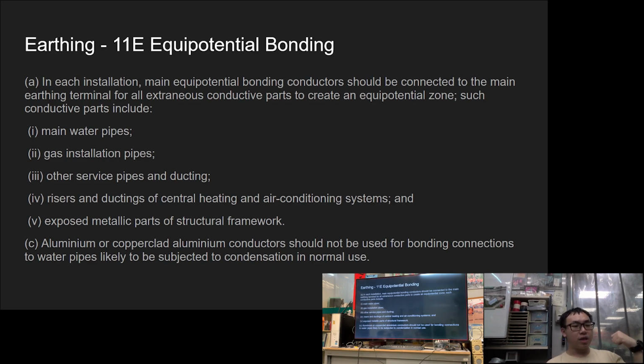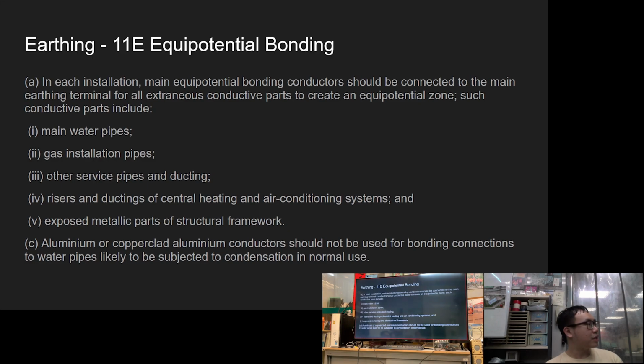Okay. So in the law of Hong Kong, bear in mind that you can only create an equal potential bonding for copper pipes. Okay, copper pipes. Aluminium or copper-coated aluminium should not be used. Okay, bear in mind.